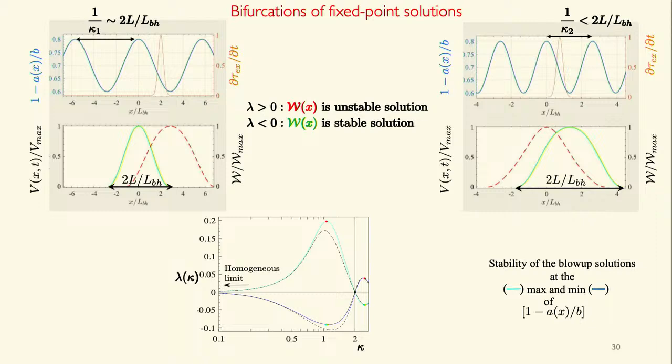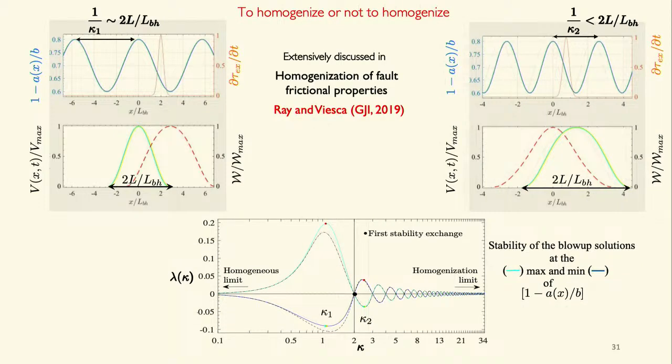Now the situation is that the ones that were earlier least slippery are now stable. They are now attractors. And if you keep changing the wave number, there is a series of such transcritical bifurcations.